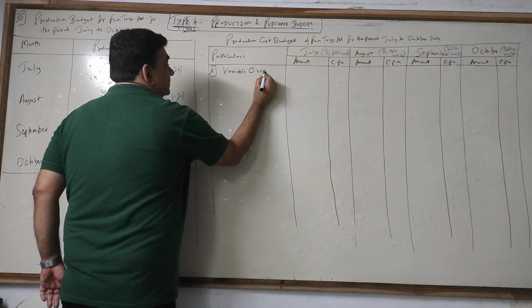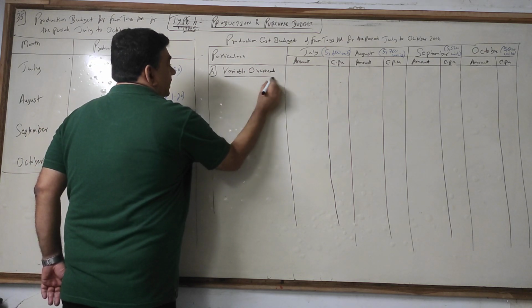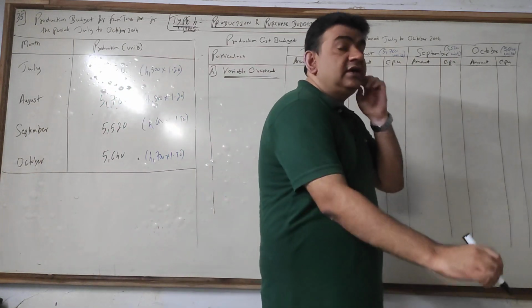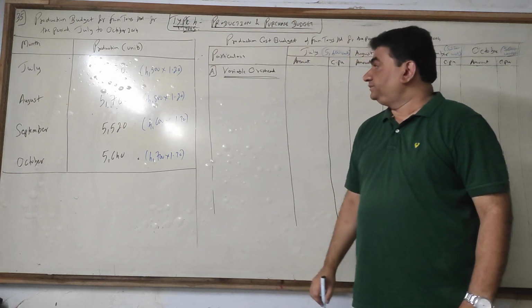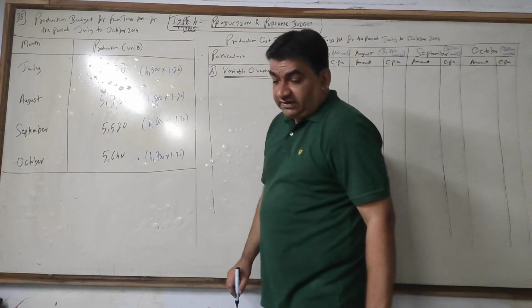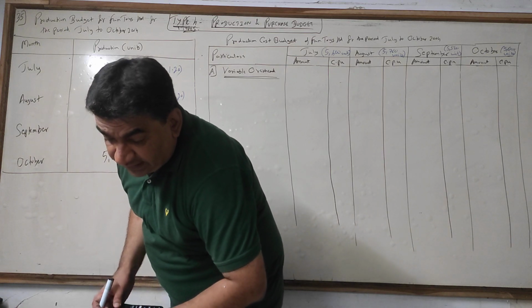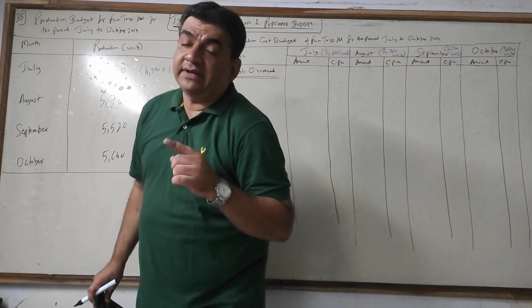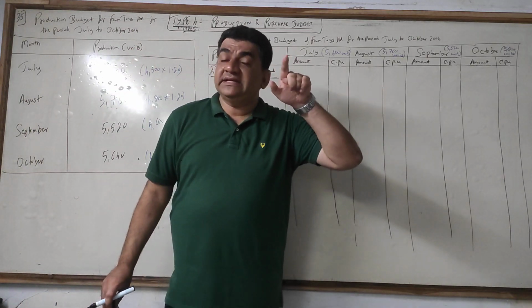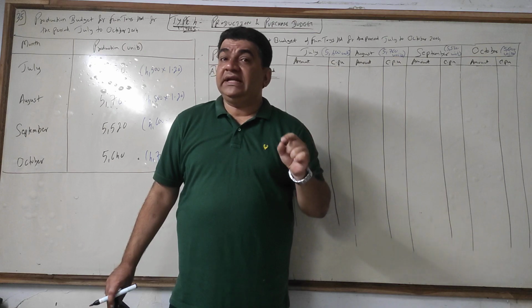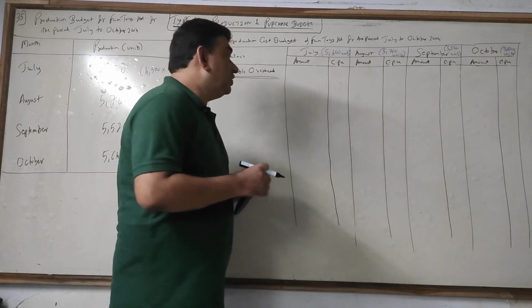Now this second table is nothing but a revision of flexible budget. Let's take one by one. What they say? Direct material 35 each toy. Again I am repeating the same thing. You all will just repeat this again and again. Variable cost per unit remains same. So what you will do?